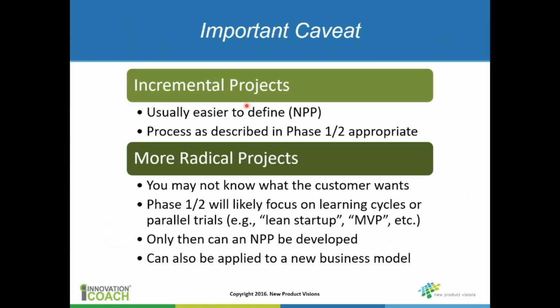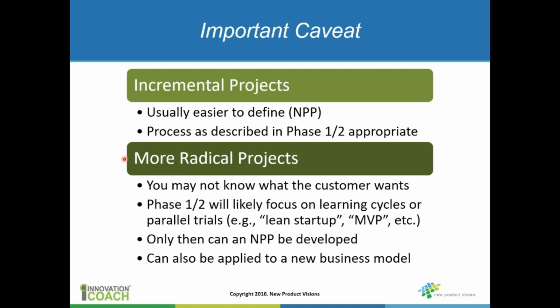Now, I want to point out an important caveat to the discussion about phase 1 and phase 2, and that is what I just described works really well for incremental projects. An existing product that you might be incrementally changing. Maybe you're changing just one aspect of it. These are projects where it's usually much easier to define that new product proposal, and the process that I just described for phase 1 and phase 2 works really, really well.